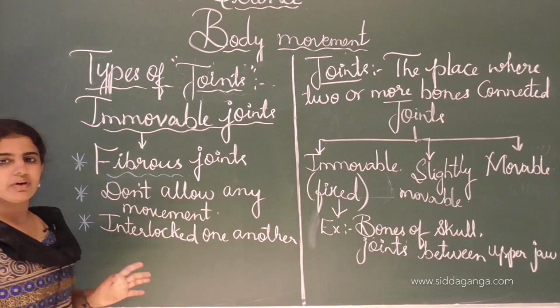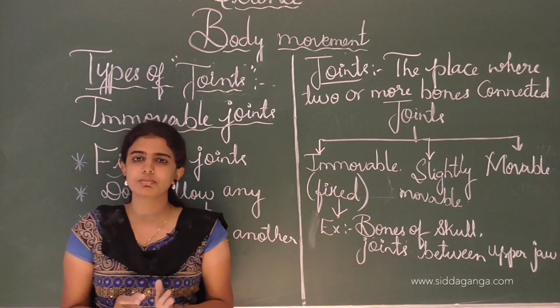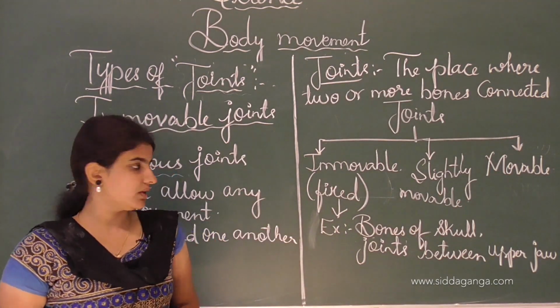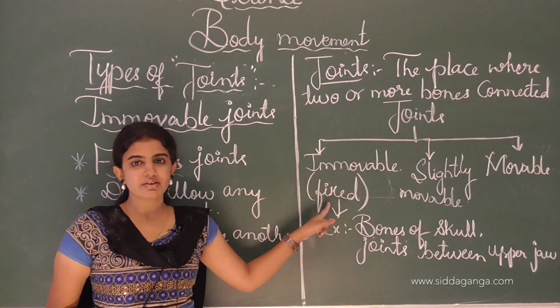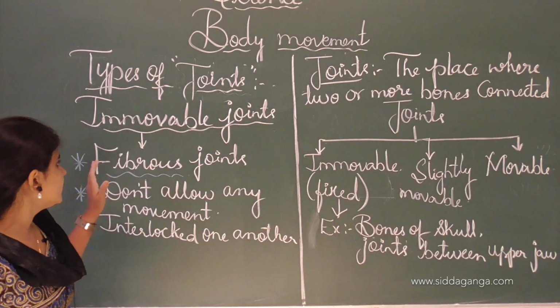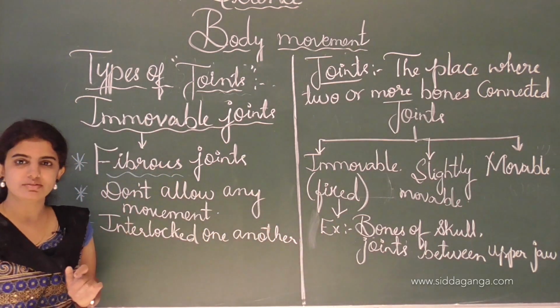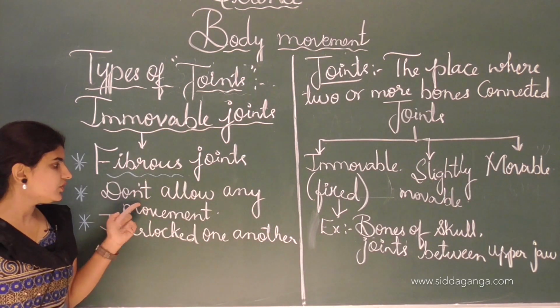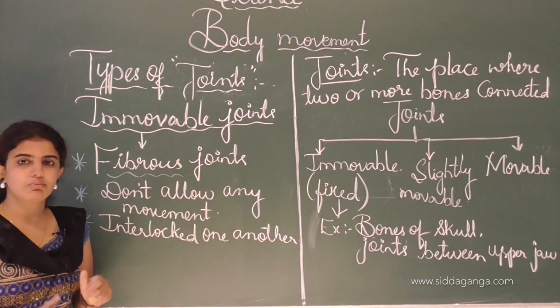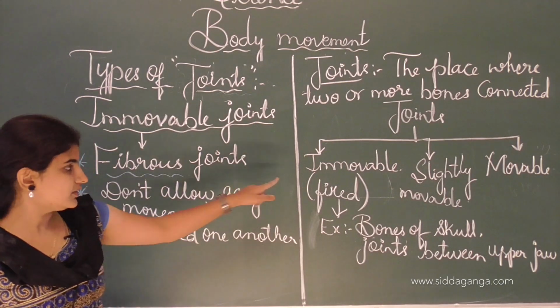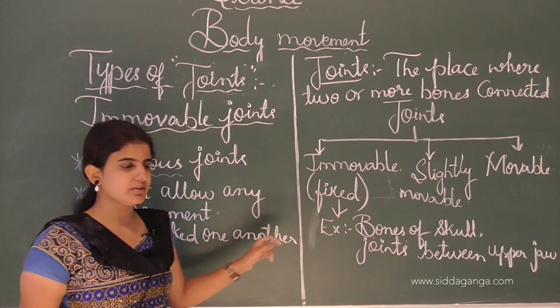See, immovable joints, as the name indicates, immovable means it can't be moved at all, so that's why it is called a fixed joint. Immovable joints are fibrous joints, and they do not allow any kind of movement in the body, and that's why they are called immovable or fixed joints.